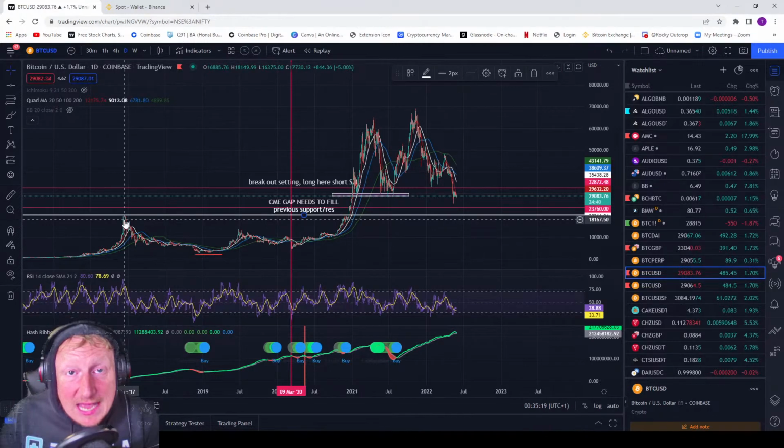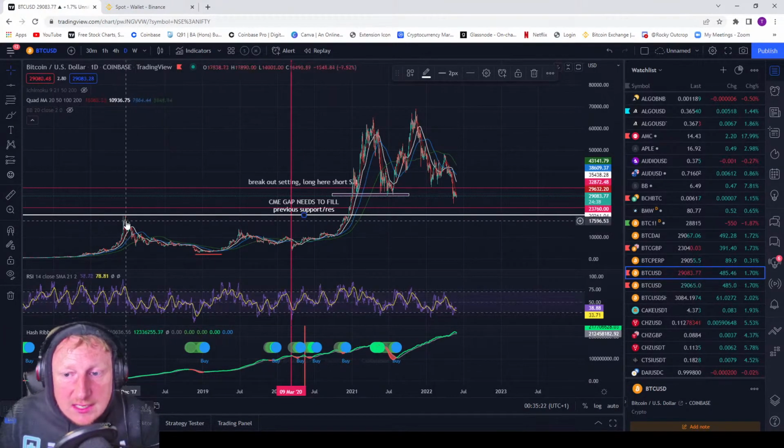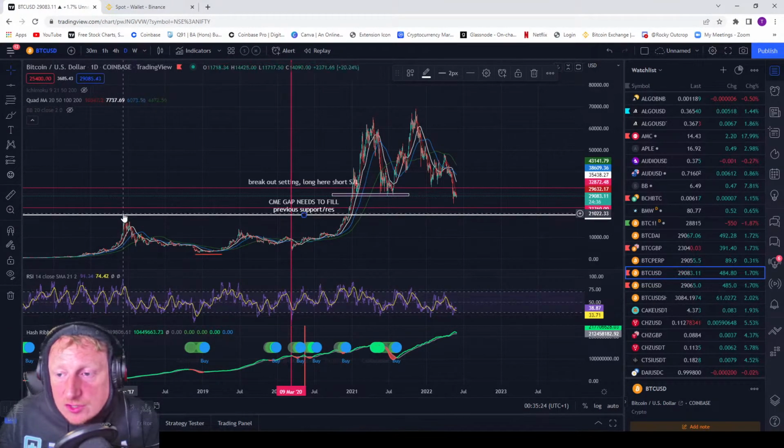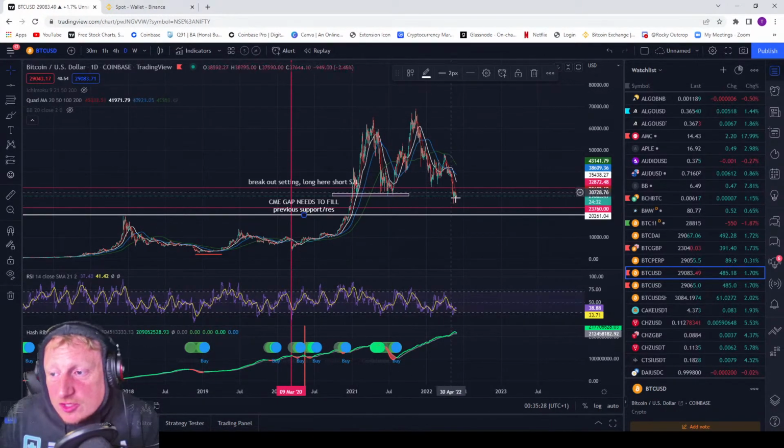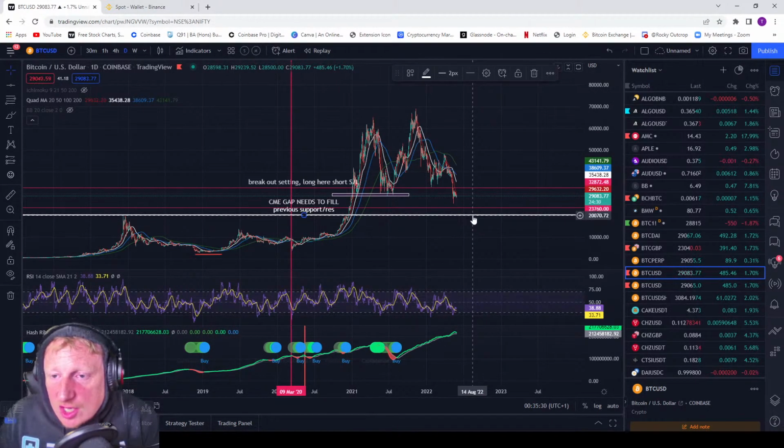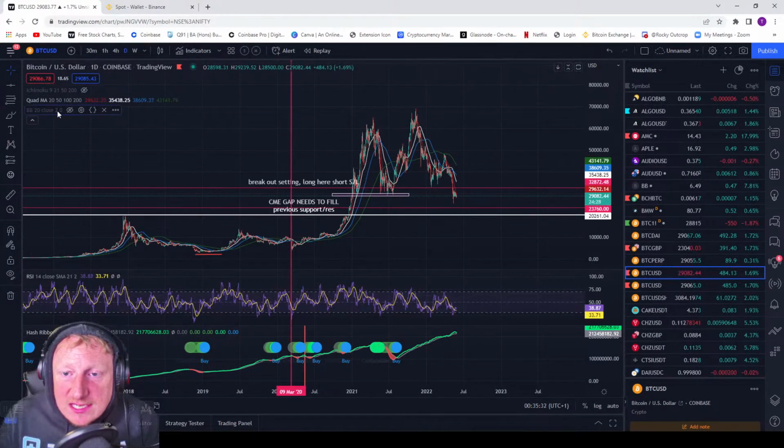That's that big area that I was talking about earlier, and I showed you the hidden bullish and bearish divergence, right? So that's where it previously was. So it's possible that it's going to come down here. There's no indication to say that it's not going to.